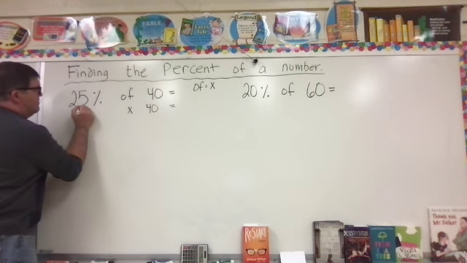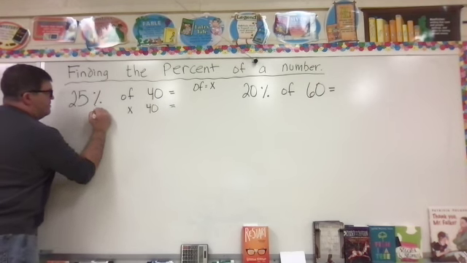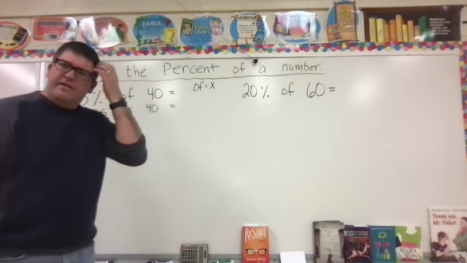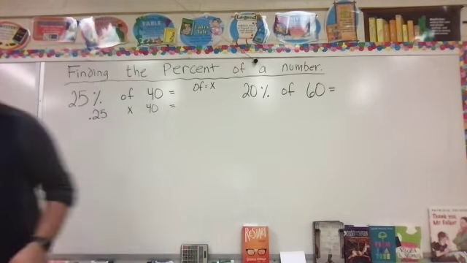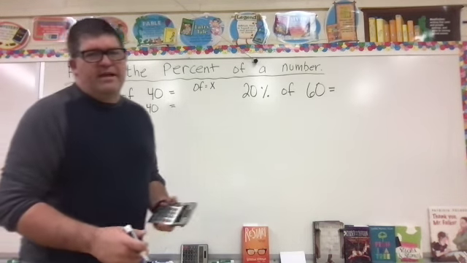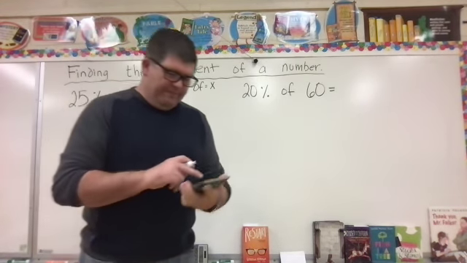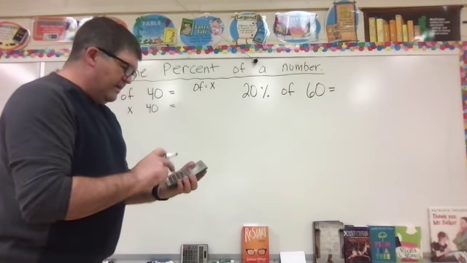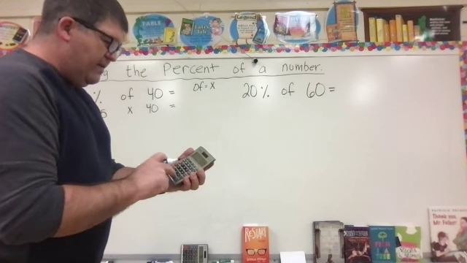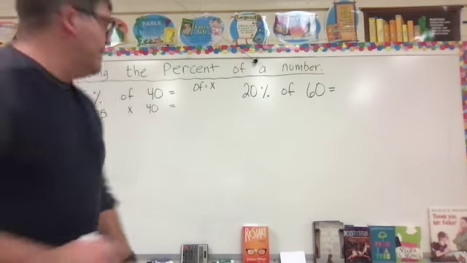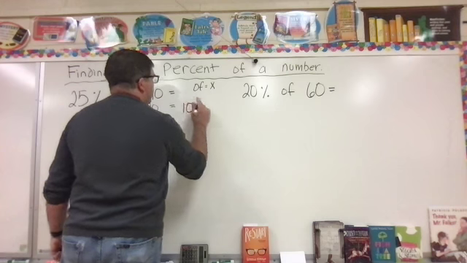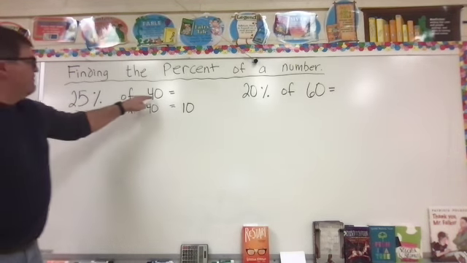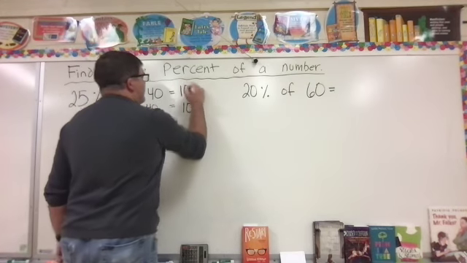Well, I know I go 1, 2, 0.25 times 40. Now, you can do that on paper, you can do that on a calculator. Okay, I'm going to say 0.25 times 40 equals 10. So 25% of 40 equals 10.